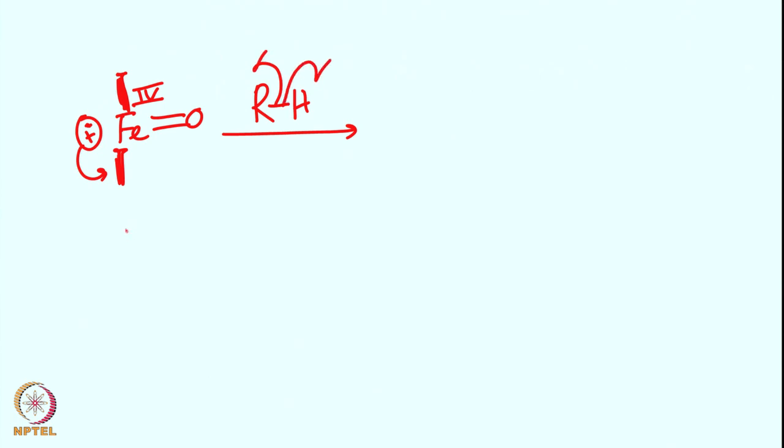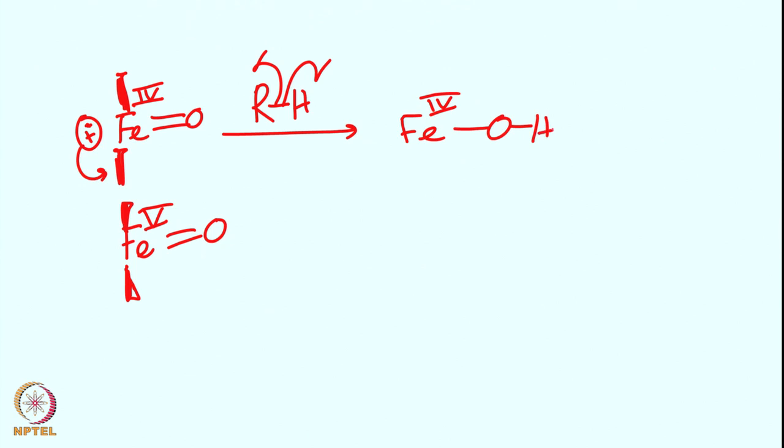Just for clarity I would write it as iron 5 oxo and the porphyrin moiety over here. It can give rise to the iron 4 hydroxo. If you are breaking it down, it is going to be iron 4 O dot and this H dot picks up to give you that, along with R radical formation.